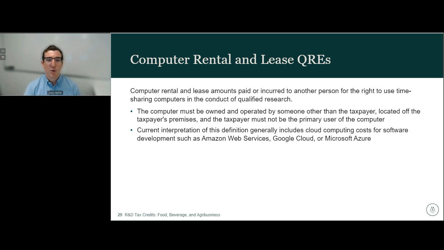But it's actually become more applicable again with the push to cloud computing services, such as Amazon Web Services, Google Cloud, Microsoft Azure, for a few examples. So to the extent within food, beverage, and agribusiness companies that you're developing software, for example, to automate your production facility, and you're using those types of cloud computing resources to do that development, this may be applicable.